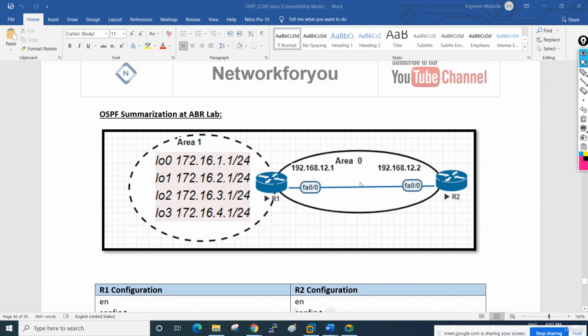In this scenario we will take two routers. Imagine you have a big network, but for lab purposes it is enough to take two routers and four routes.